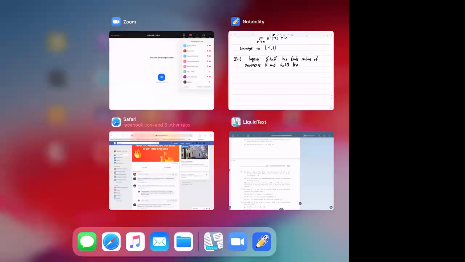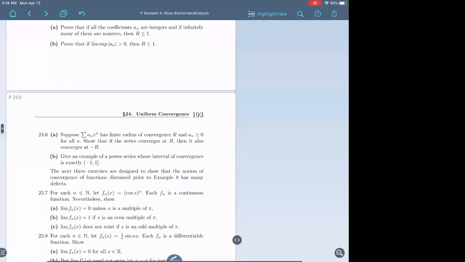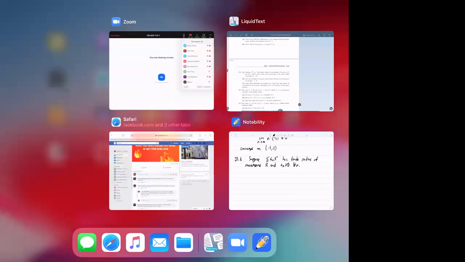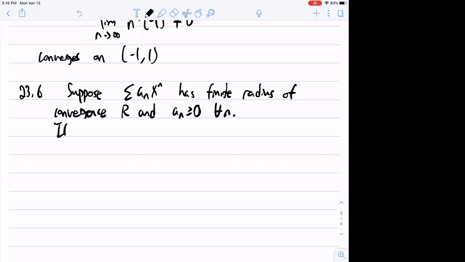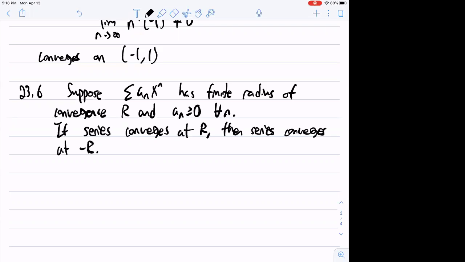So basically, we need to show if the series converges at r, then the series converges at -r. So why is that?